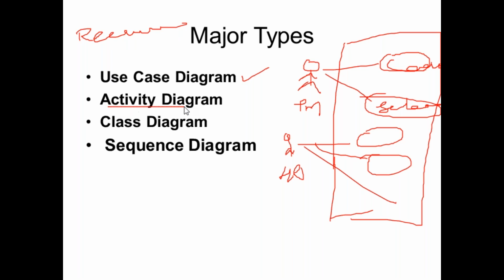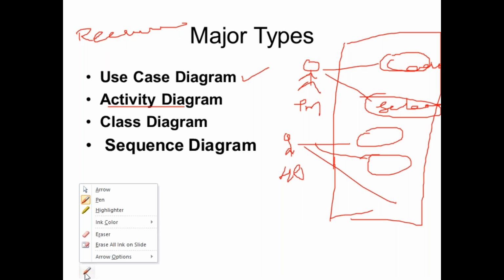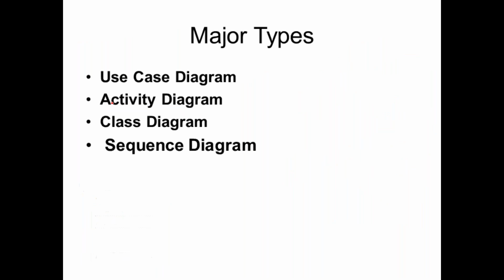When we talk about the activity diagram, it majorly talks about the activities or the functions that are performed to achieve the objective. It is similar to a flowchart. It's not very different.